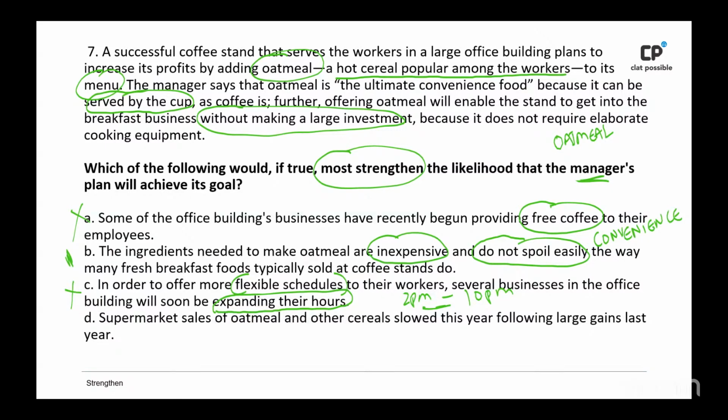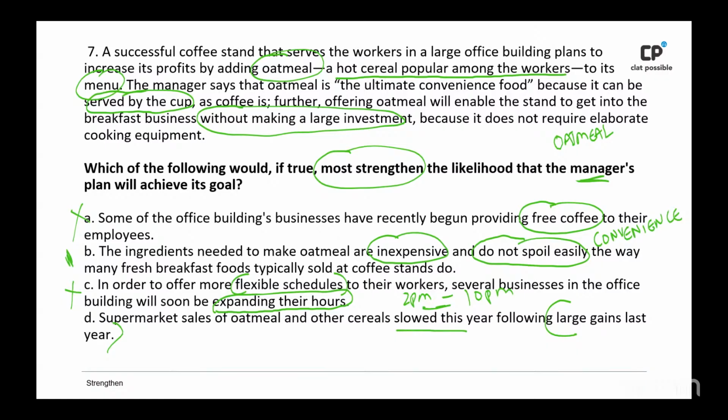D says supermarket sales of oatmeal and other cereals slowed this year following large gains last year. Okay, again, either it is a no impact option, not relevant to the claim, or it might just weaken the argument, that oatmeal sales slowed down. Slowing down does not necessarily mean that the popularity of oatmeal has decreased. Actually, it says following large gains. Maybe these gains were, let's say, not proportional or not completely justified, right?